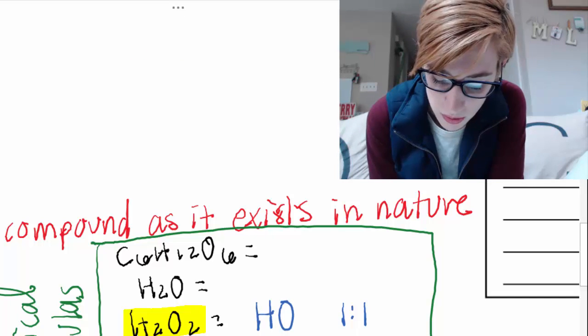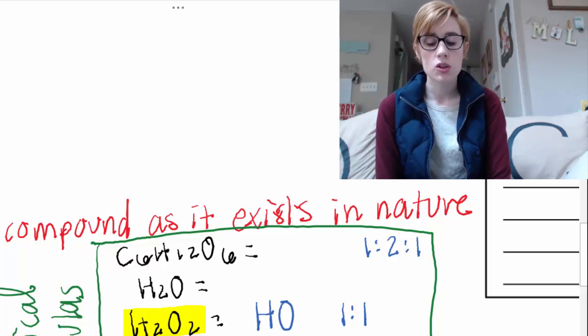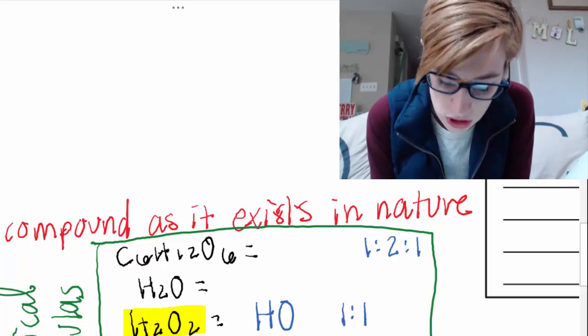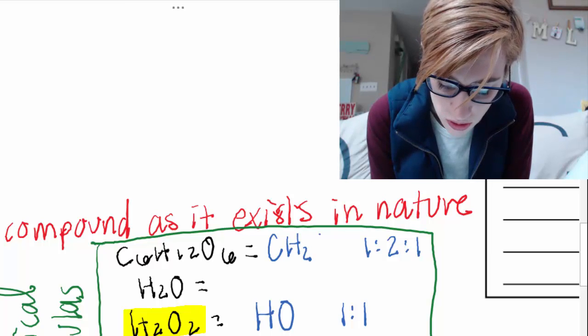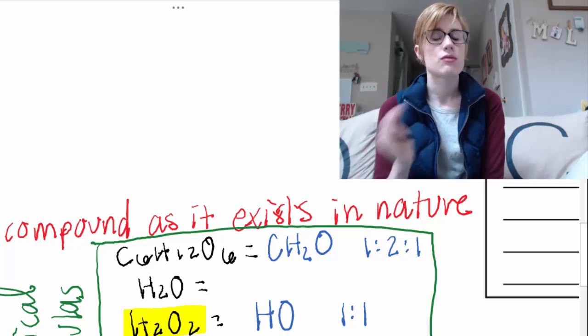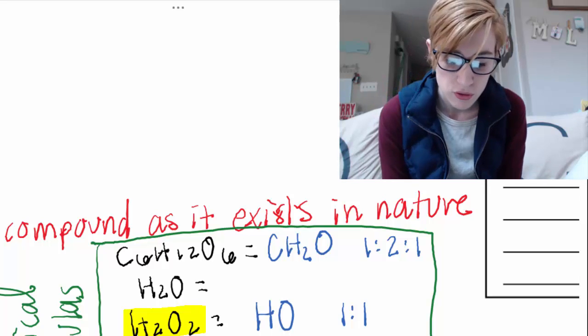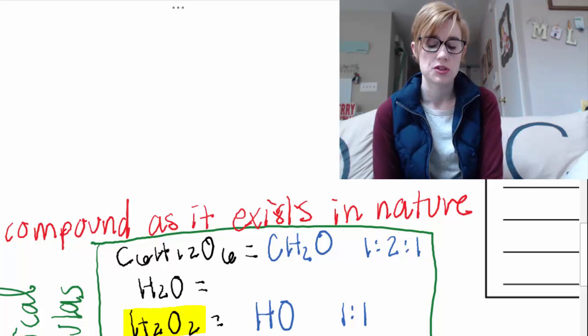So my smaller ratio would be 1 to 2 to 1. If that's my smaller ratio, then my empirical formula would look like this: C1H2O1. So that empirical formula is different from the molecular formula. Remember, molecular formula is how it exists in nature. Empirical formula is just the smallest ratio.